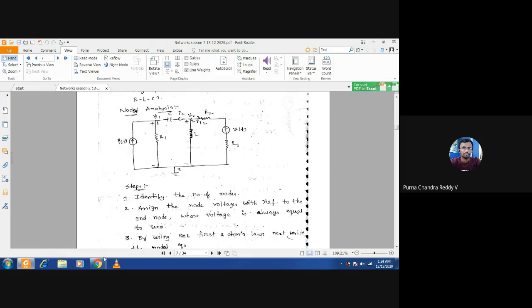First we write KCL at node 1, then at node 2. So if you see here, apply KCL and tell me at node 1.